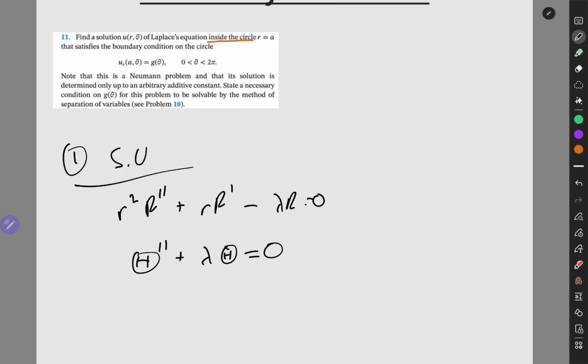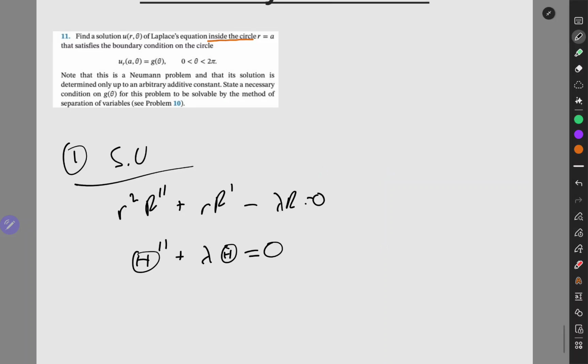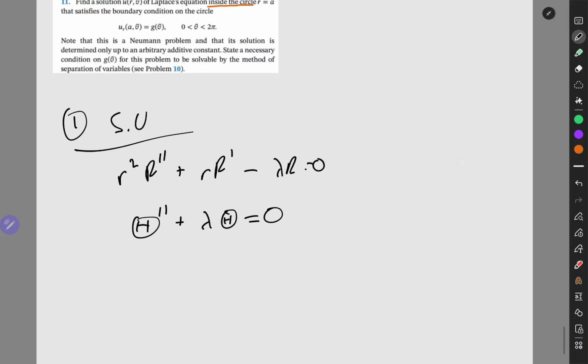Actually, I'd also recommend to watch the last two examples before you do this one, because you'll see why when I get to solving for R sub n with the bounds, because this is on the inside of the circle. First problem was a full circle, second problem was inside. So if you watch those two together, this problem should be pretty easy. So watch those two before this one, and then watch this one.